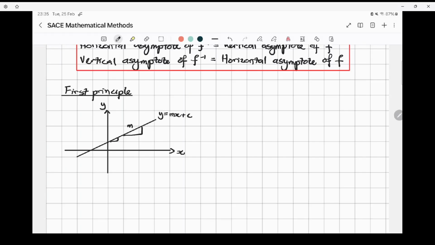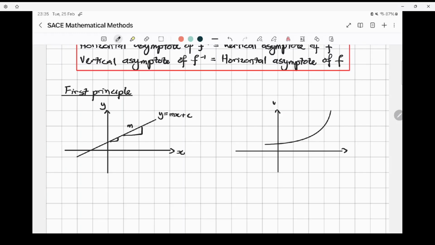This is true when your curve is a straight line, but this is not true when, let's say, you have a curve which is not a straight line. For instance, a curve like this.